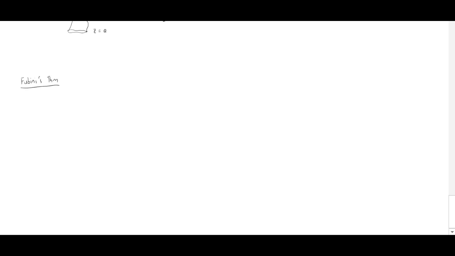I'm going to try to give a good picture of this, a big picture. Right now I'm just going to start by drawing a rectangle in the xy plane.